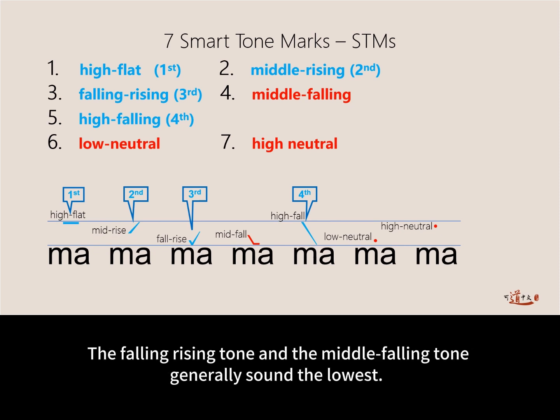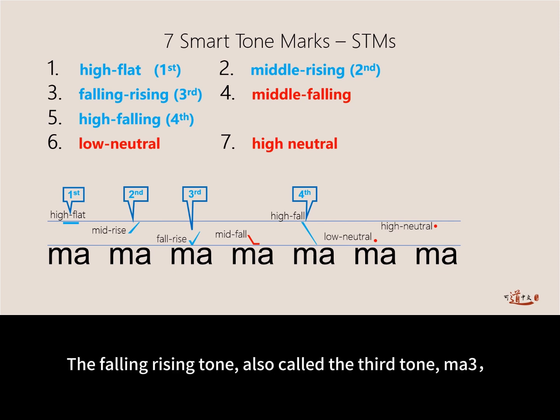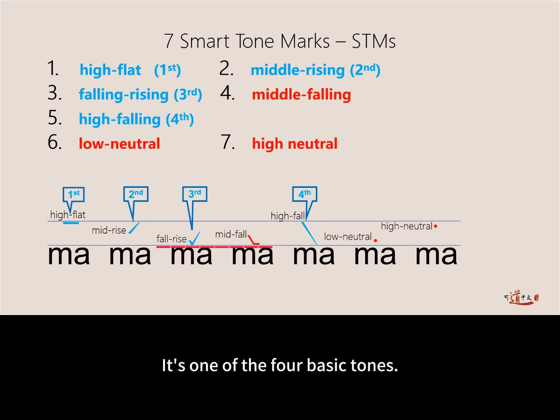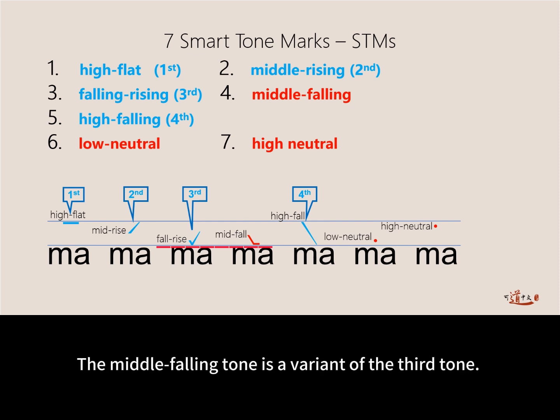The falling rising tone and the middle falling tone generally sound the lowest. The falling rising tone, also called the third tone, ma, first falls and then rises, something like you are saying, so. It's one of the 4 basic tones. The middle falling tone is a variant of the third tone.